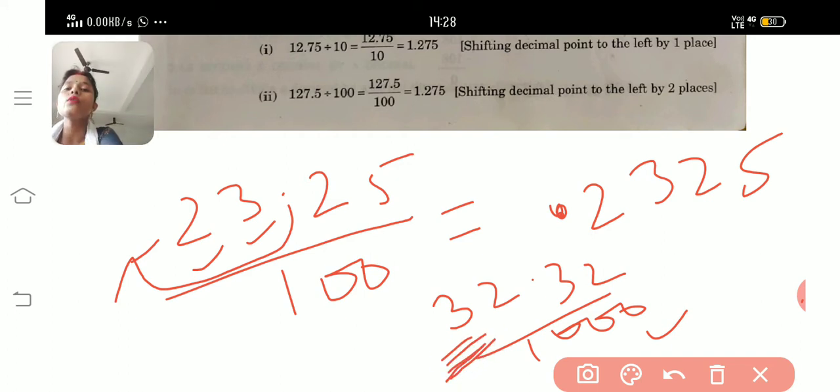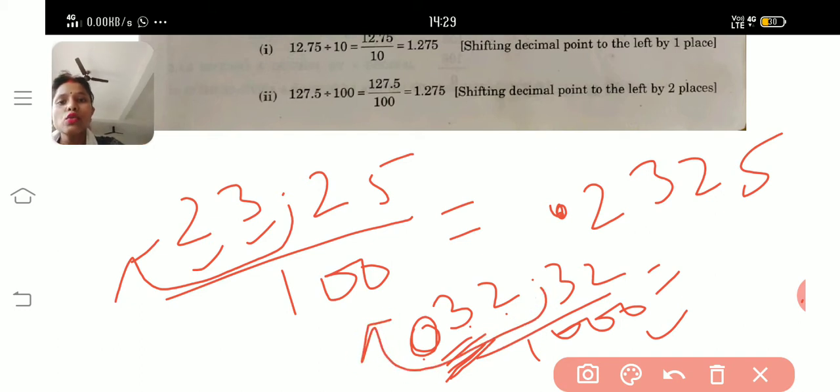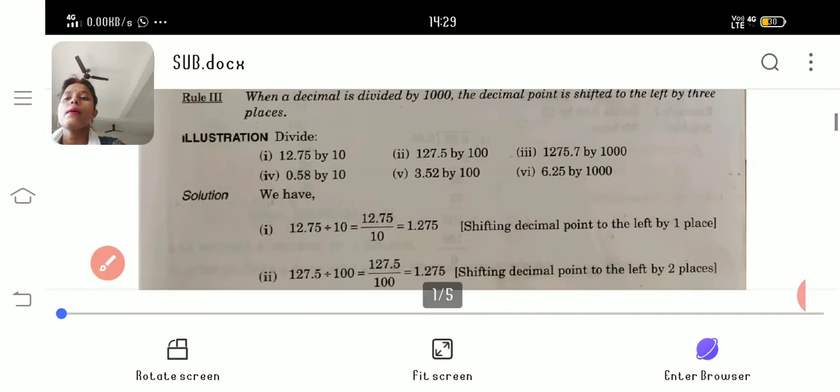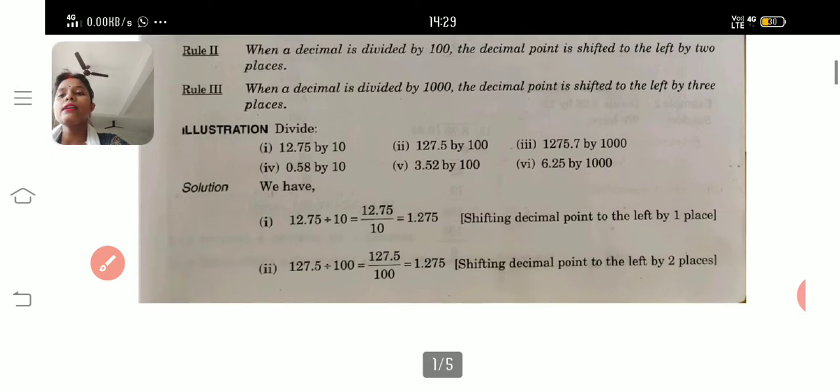So what we will do, we will add one 0 before the number, and the decimal will now shift 3 places: 1, 2 and 3. So this decimal will come here, and the answer will be 0.03232. This is the process for division by 10, 100 and 1000.